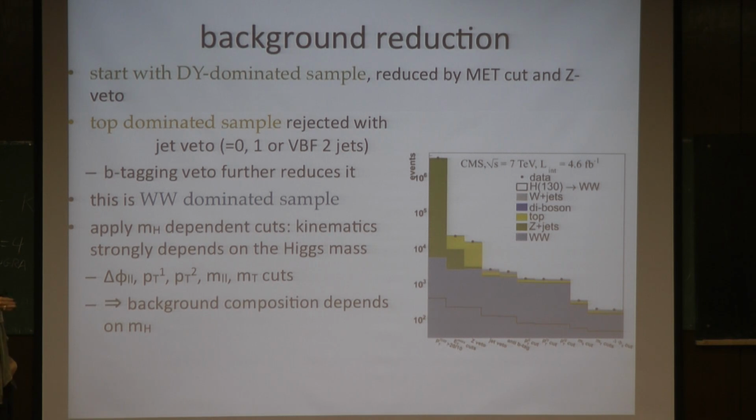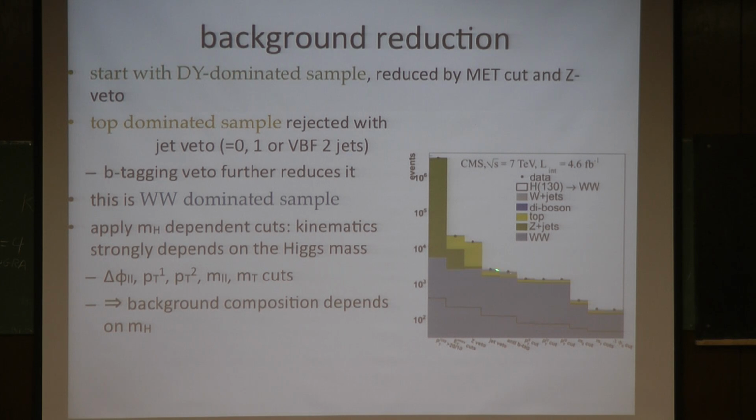You're doing all the different cuts in order to reduce the backgrounds we mentioned before. So we start with a Drell-Yan dominated background, this is the Z plus jets. Here you have missing ET cuts and Z veto, and then the next step is a top dominated sample.